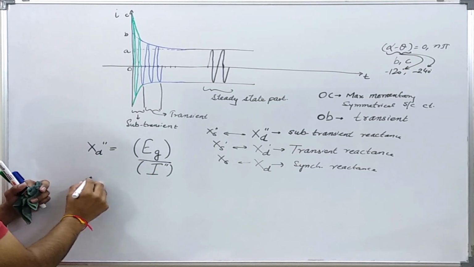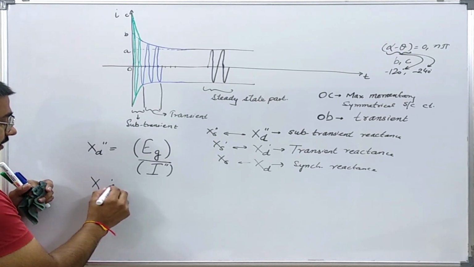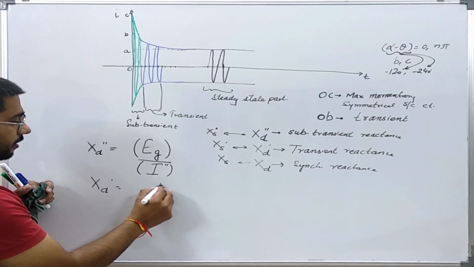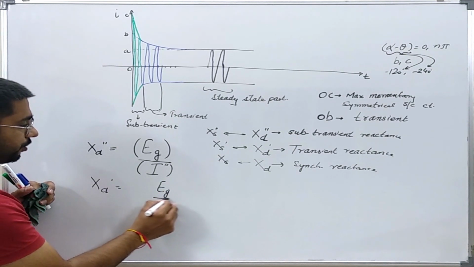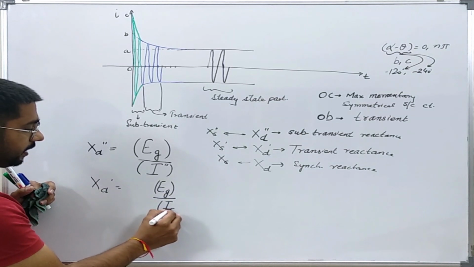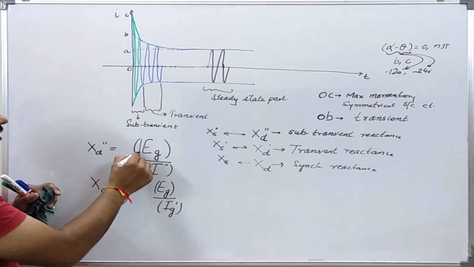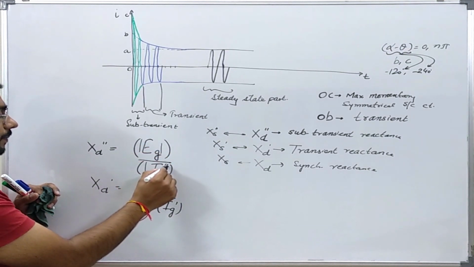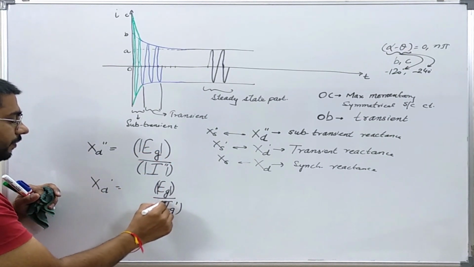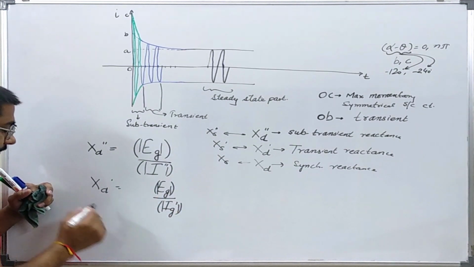Okay, similarly this XD prime, the transient reactance, is usually defined by this ratio, the induced voltage over the transient component of the current. Here I am trying to show the magnitudes of the phasors only. For the definition part, we are just dealing with the magnitudes only.